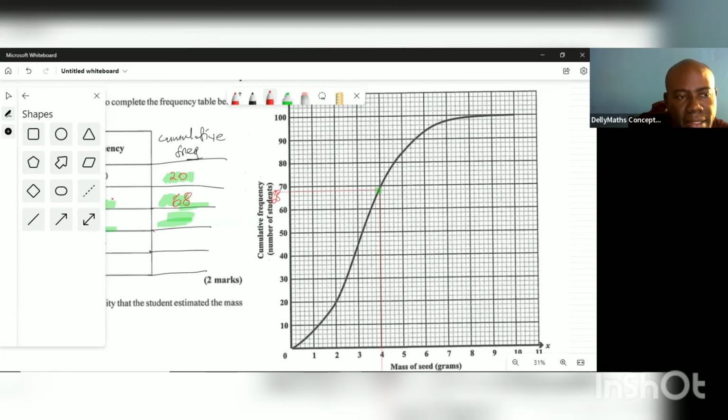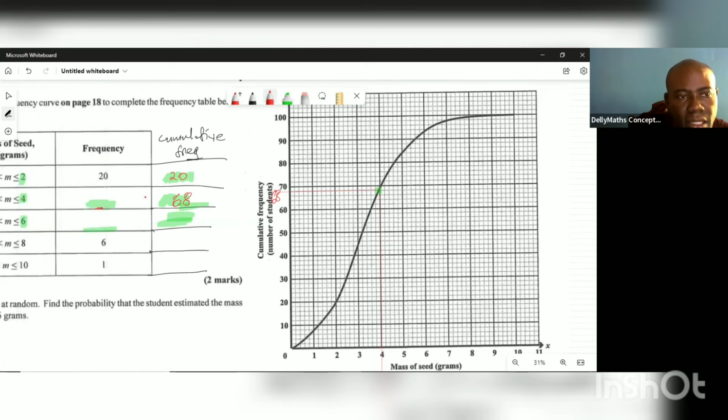If I subtract, the 2 gives me 20 here and the 4 gives me 68. So if I subtract the 2, then 68 minus 20, this spot here is 48.